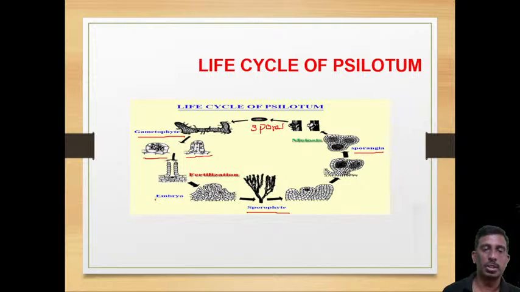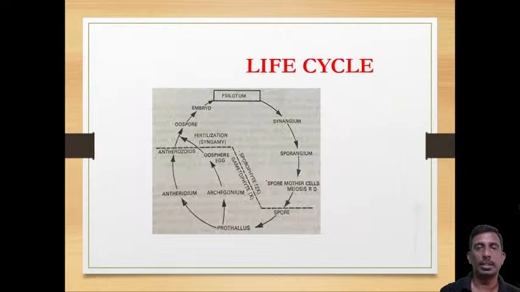On fertilization, they will form an embryo, which develops into the sporophyte. So this is the life cycle of Xylotum, where it starts with a diploid stage. Next it leads to a gametophyte stage, the haploid stage.